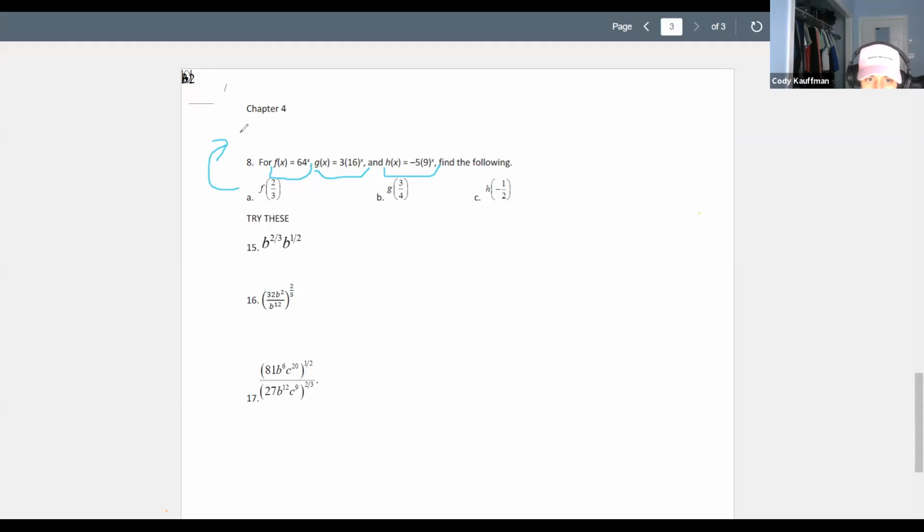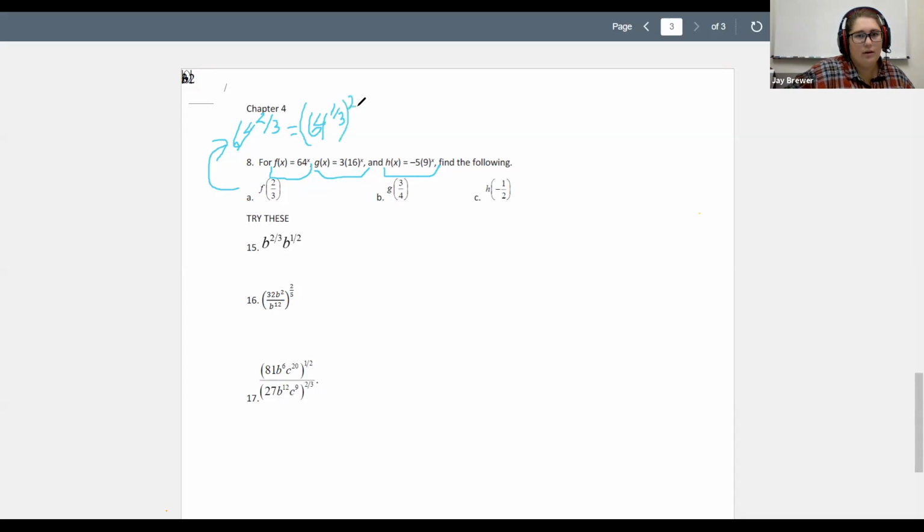Would you just plug in your f of x for your first problem into the 2/3? Right, so we're gonna take 64 and raise it to the 2/3 power. But that's a fractional exponent, so I can still figure it out. What we have here is 64 to the 1/3, squared.